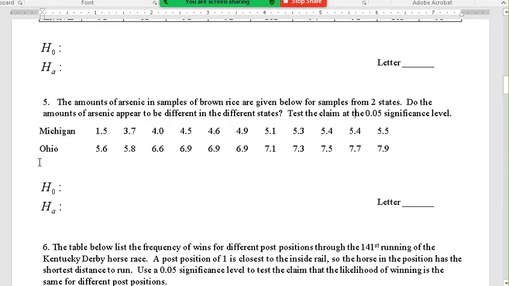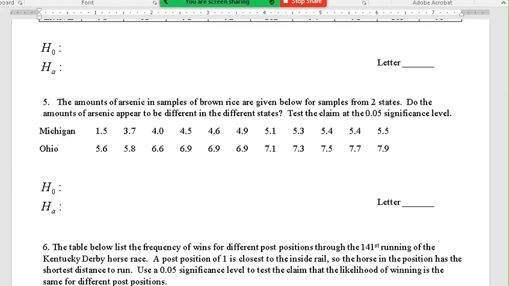So if I had 3 states, then hopefully it would be pretty clear that there's 3 states, you have 3 samples. That's a one-way analysis of variance. I just deleted that because at that point when we were taking the test, I hadn't covered analysis of variance. So that was an easy way for me to get another problem without really having to work so hard. So sorry about that.